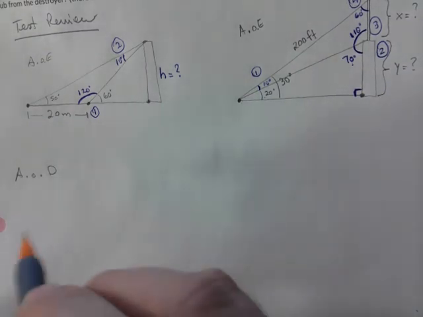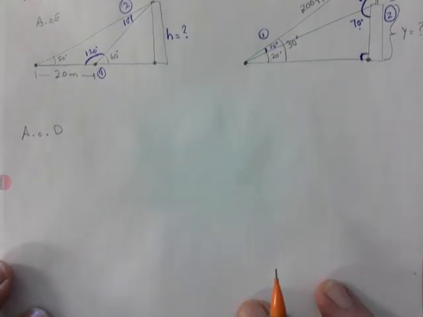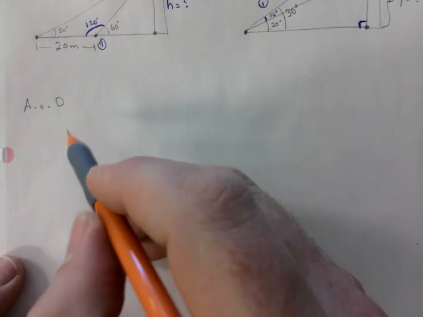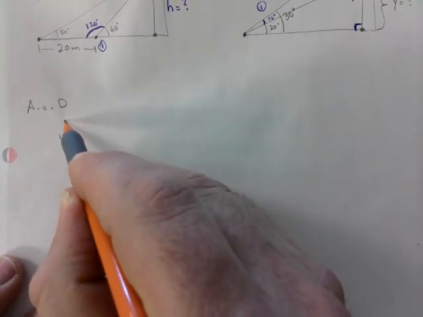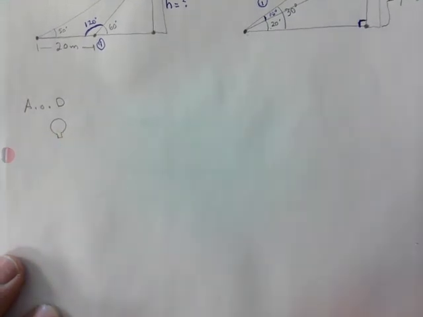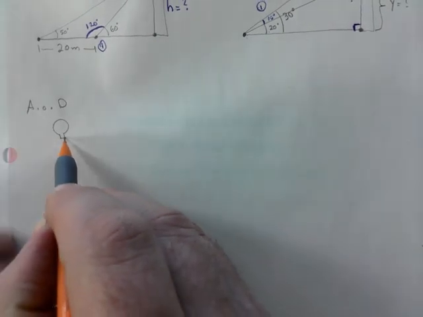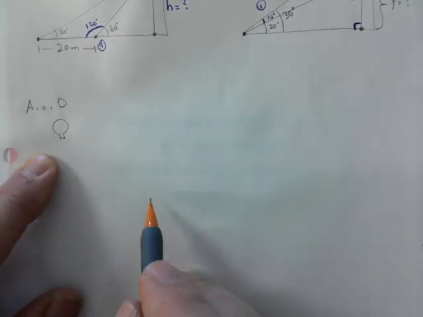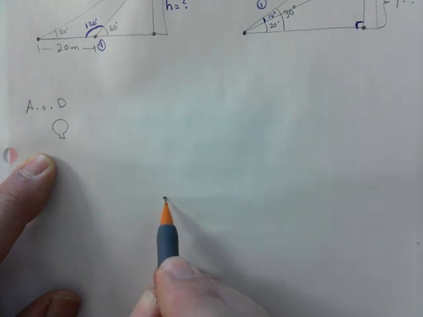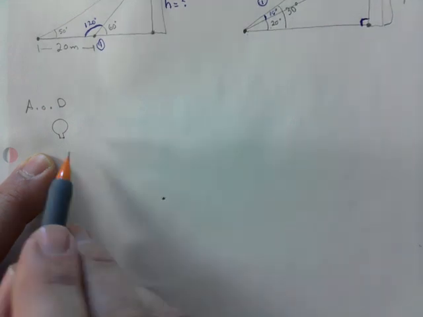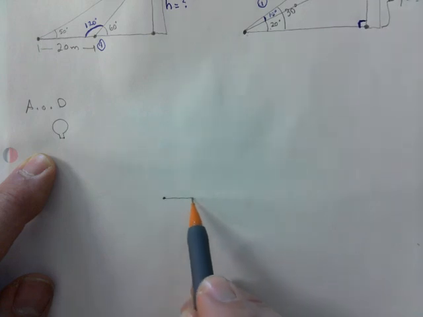So let's say there's a hot air balloon. Nice hot air balloon, right? Anyways, so from up there, let's just make a point that is being noticed on the ground here. And let's make another one a little further away horizontally.